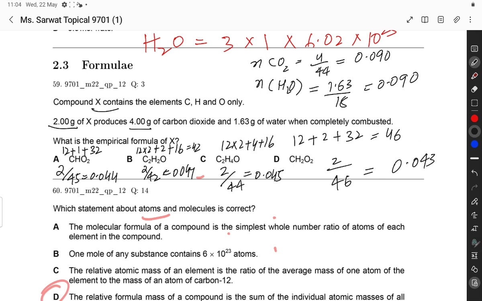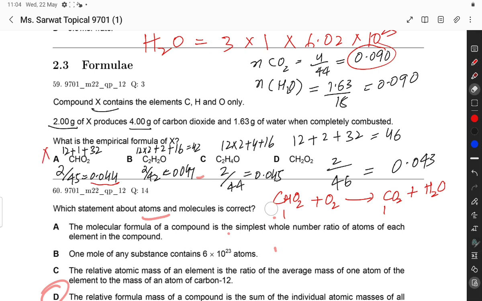Now by using the reaction, for example, CHO2 plus O2 to form carbon dioxide and water, so this is 1:1, so the mole is 0.044, which is not the mole of 0.09. So that's why this is an incorrect option.